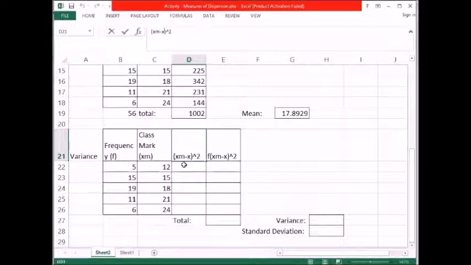Okay, so to solve for the variance, the first thing that we're going to do is to subtract the class mark and the mean and square the result, no po. So gagamitan natin to ng grouping symbol. Okay, so type equals, then open parentheses, then click 12, yung ating class mark, minus the mean, no po.